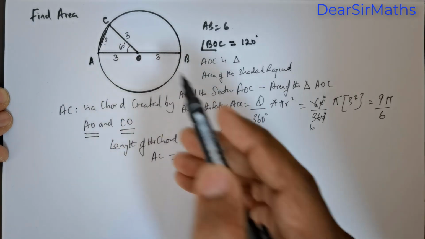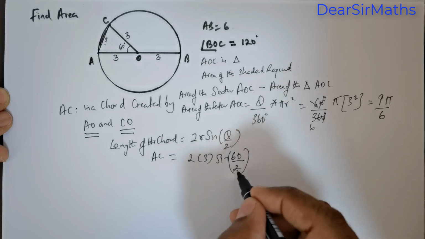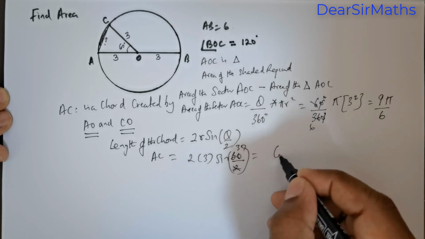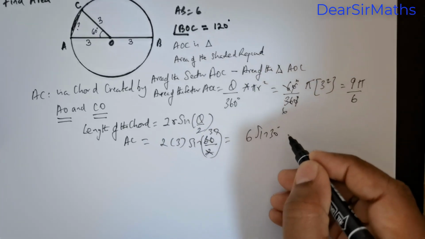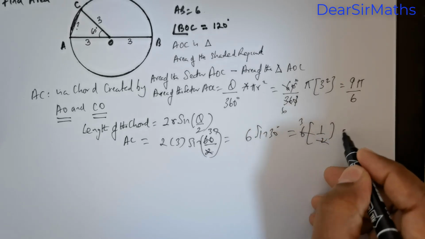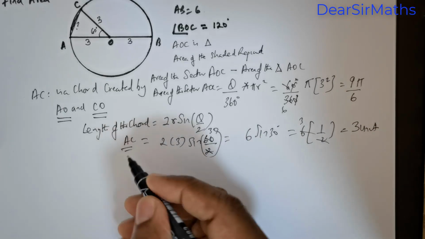The angle between the radii is 60 divided by 2. So 2 divides here 60 30 times. So this is going to be 6 times sine 30. Sine 30 is 1 over 2. 2 divides 6 3 times. So 3 units is the length of AC.